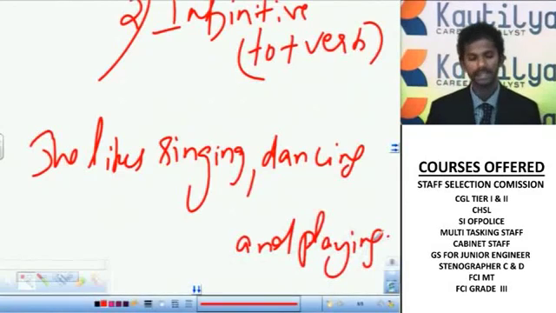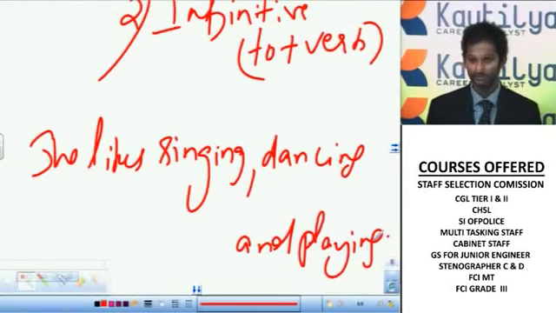As I said, if one idea is in ing form, all the others must also be in the ing form. Similarly, infinitive is to plus verb. If one idea is in the infinitive form, all the others must also be in the infinitive form.